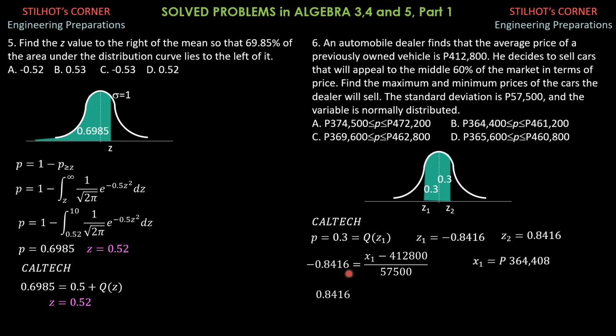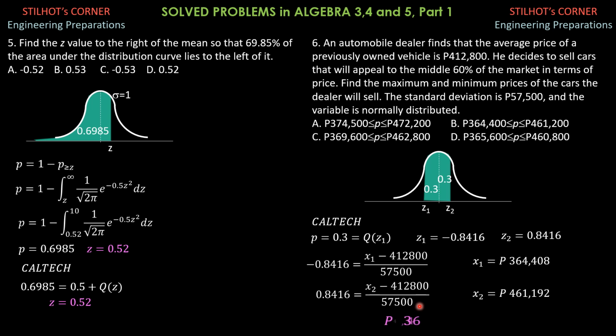Then positive 0.8416 is equal to x sub 2 minus 412,800 over standard deviation 57,500. So x sub 2, or the maximum price, should be 461,192. So let's make it 461,200.